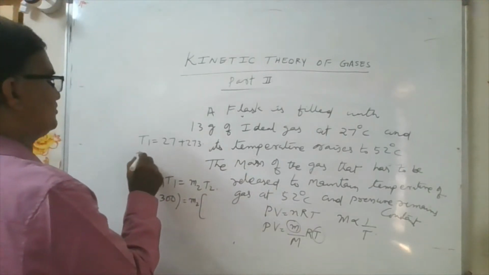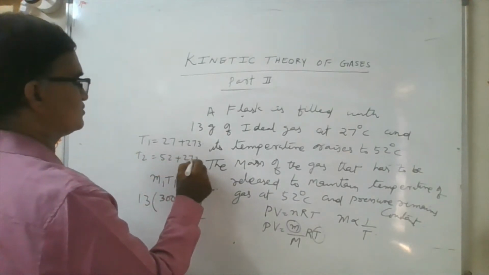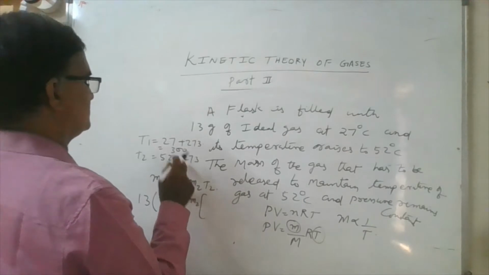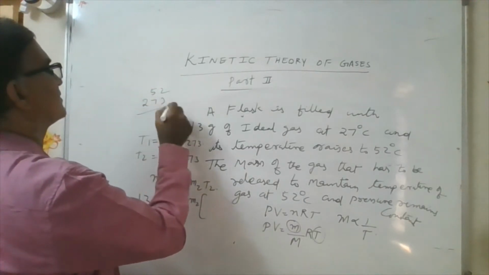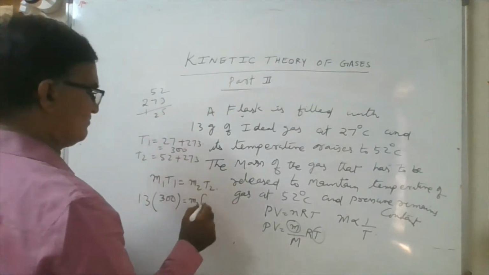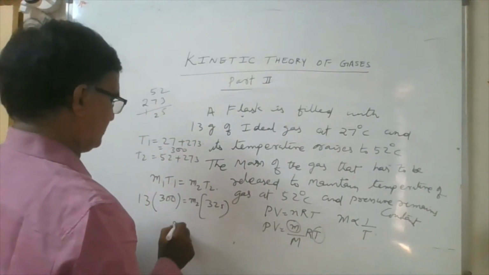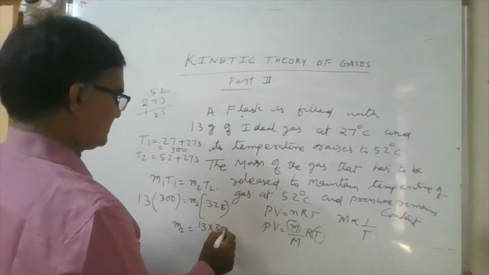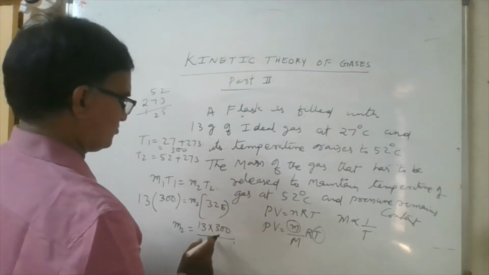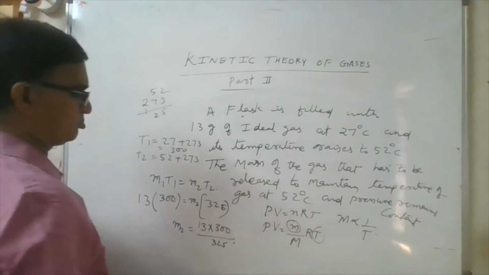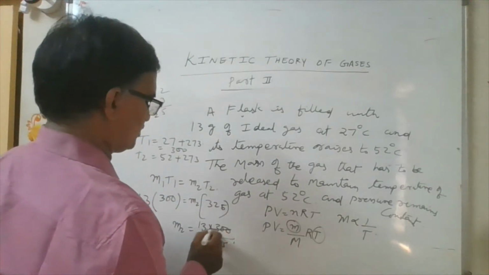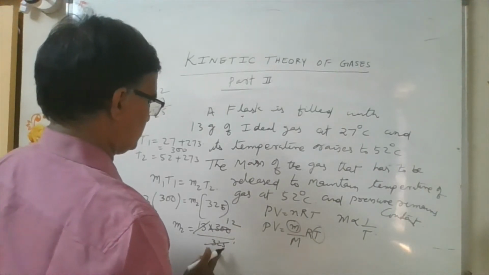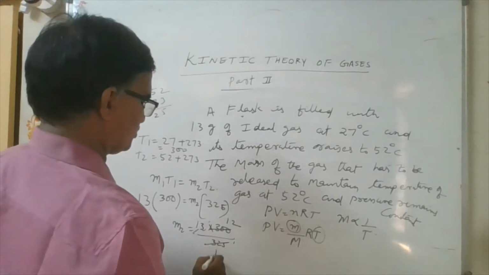And T2 is 52 plus 273, that is 325. So M2 is equal to 13 into 300 divided by 325. 25 13s are 325.